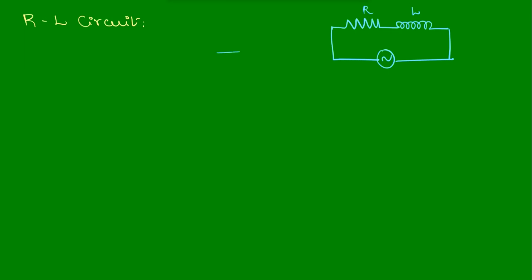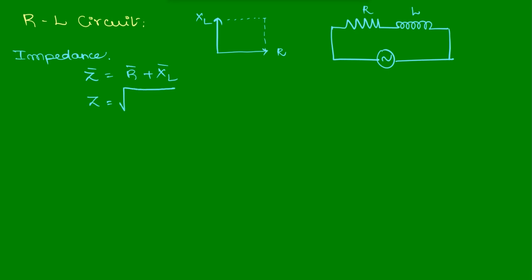Now, as the resistor has no phase difference, and the inductor leads, with inductive reactance, the resultant impedance Z will be equal to R bar plus XL bar, or Z will be equal to square root of R square plus XL square. As they are mutually perpendicular to each other, this will be the Z direction, and this will make an angle phi. If this is XL, the opposite side will also be XL.